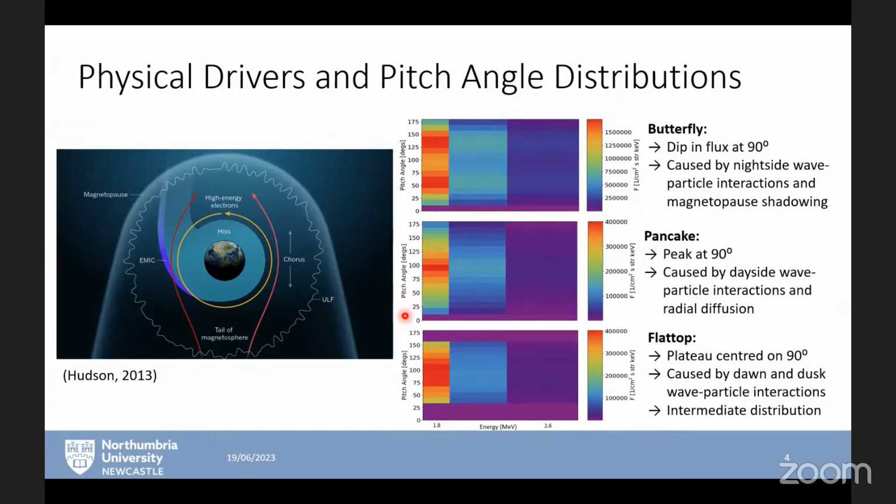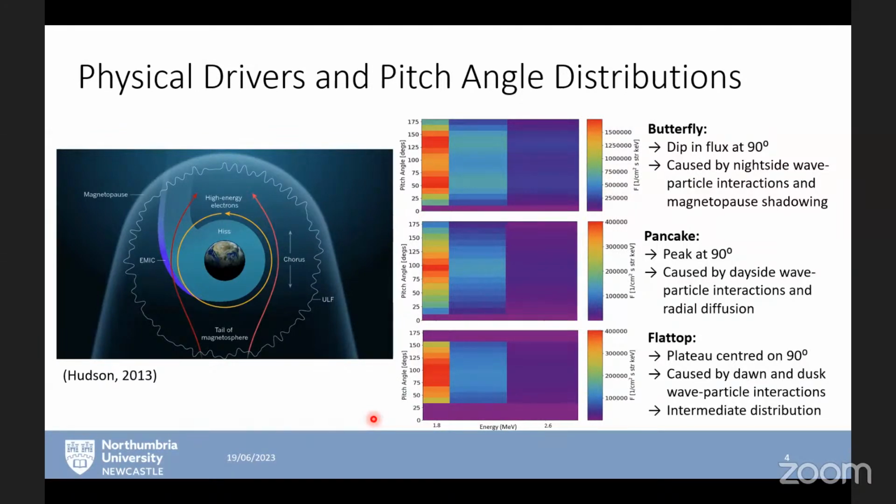And these types of distributions are thought to be caused by day side wave particle interactions or radial diffusion. Our third example is our flat top distributions, which are thought to be an intermediate phase between a butterfly and a pancake, where there is a flux plateau centered across 90 degrees. And this type of distribution is caused by dawn and dusk sector wave particle interactions.